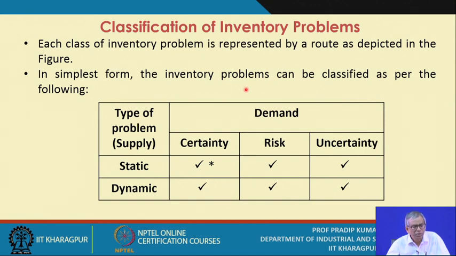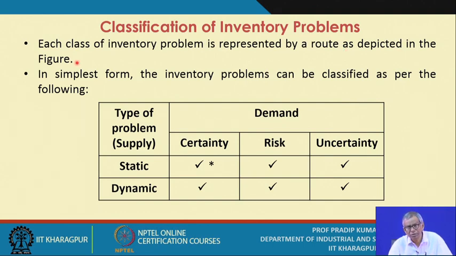Now let us conclude about the classification of inventory problems. This is an important topic. What we have concluded is that each class of inventory problem is represented by a root as depicted in the figure.